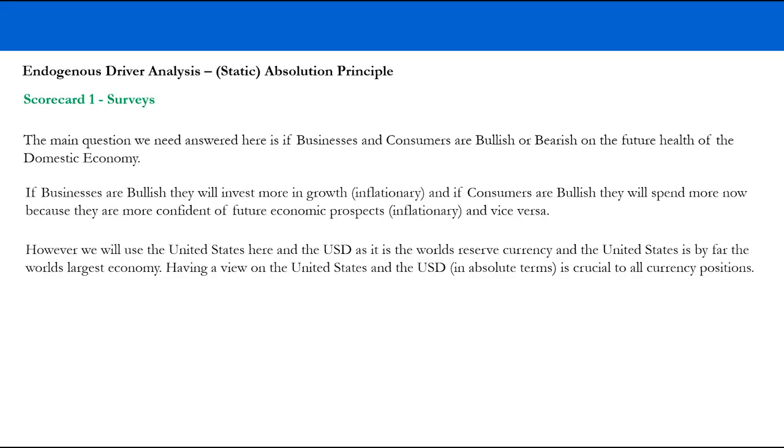And the best way to do that is to show you with the United States, because it's the world's largest economy, it's the world's reserve currency with the US dollar, and the data is freely available. What that does for you is provide you with a template, which then allows you to apply the endogenous analysis as part of the systematic process to all other countries in the world.